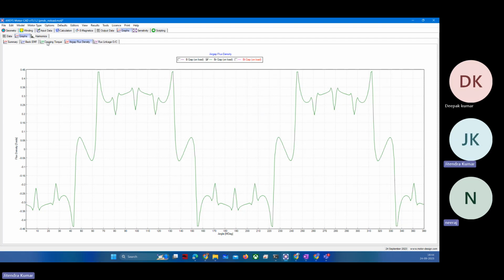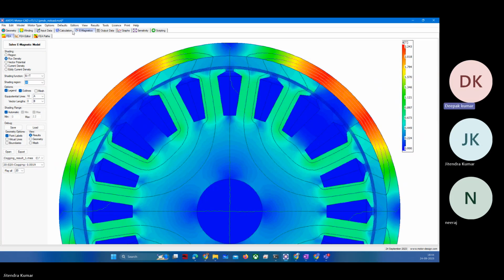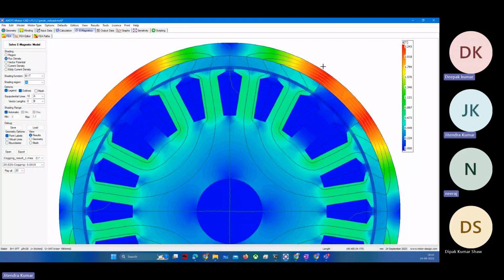This graph is due to the field poles only. I will show you how it will look when the armature field comes. Is there any doubt in this whole model with no load? In a DC motor, both the fields are constant.